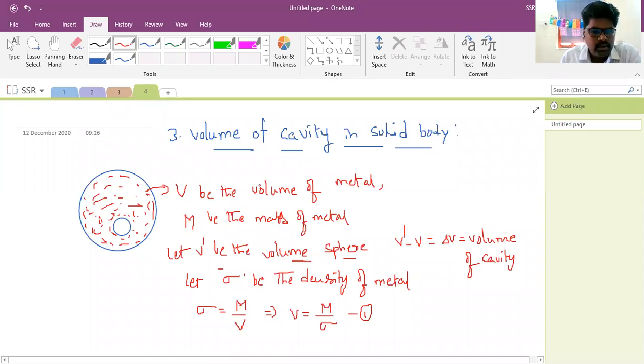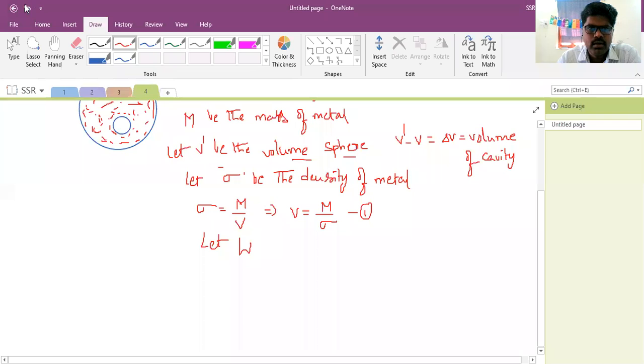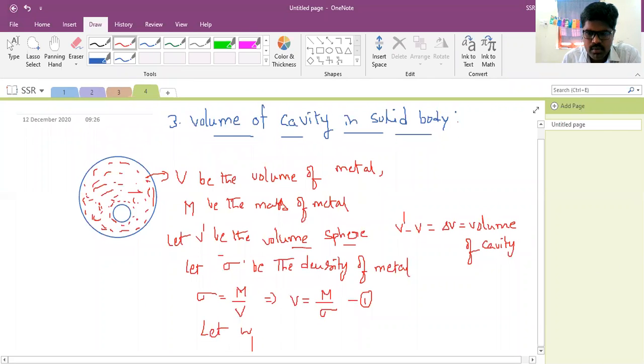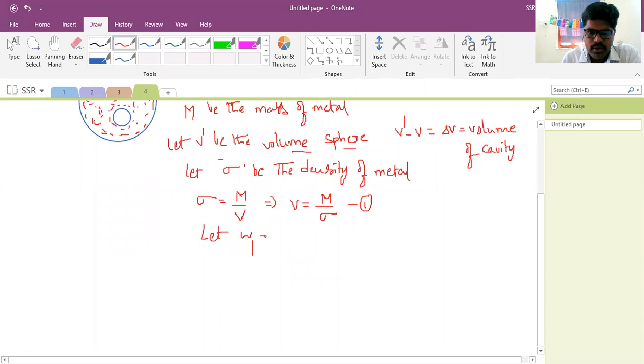Now we can take the weight of the solid body in air. Let W1 be the weight of the solid body, that means the metal sphere, in air.